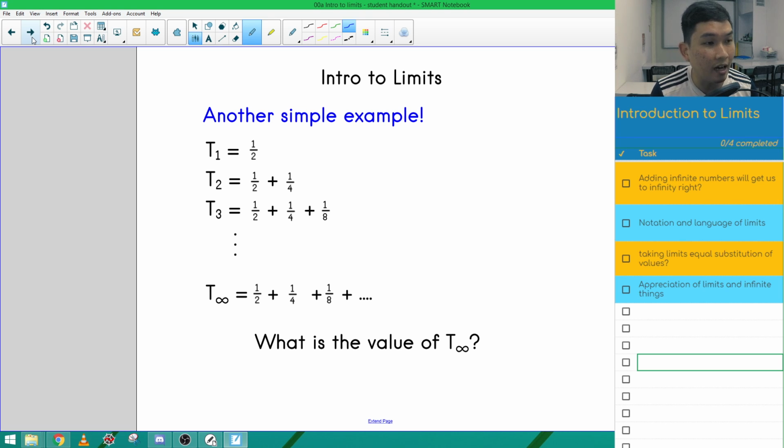Pattern number 3 is half plus 1/4 plus 1/8. So you would guess pattern number 4 will be half plus 1/4 plus 1/8 plus 1/16. And then again, the question is, what is the value of pattern number infinity? If I keep adding on 1/32, 1/64, 1/128, and so forth, infinitely many times, what would I arrive at?